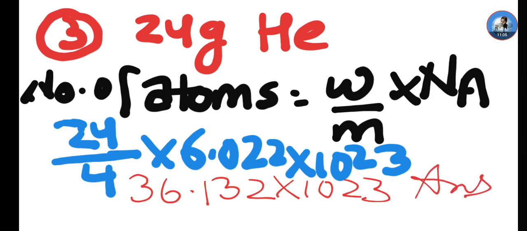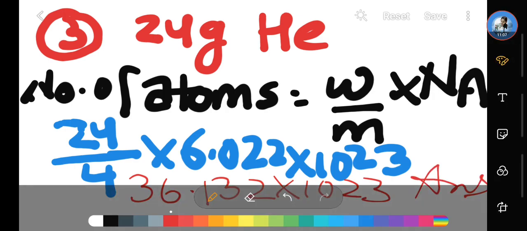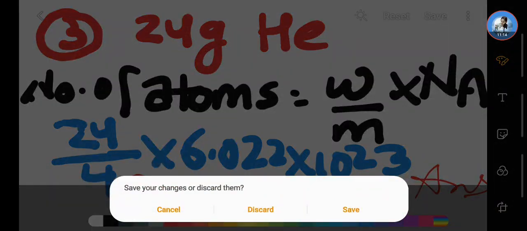This is our answer. Okay. The number of atom in 24 gram helium is 36.132 into 10 raised to power 23.